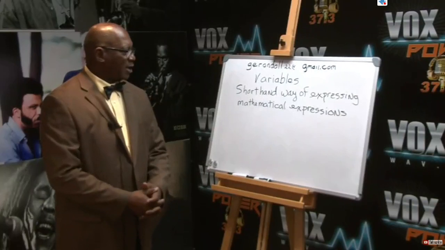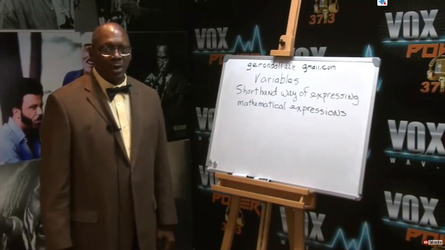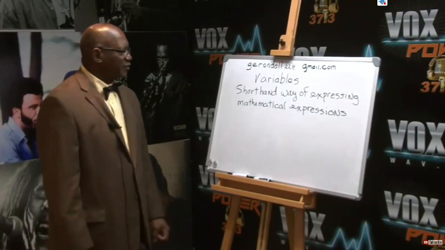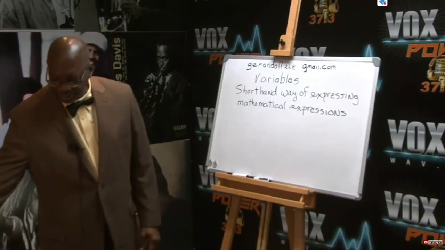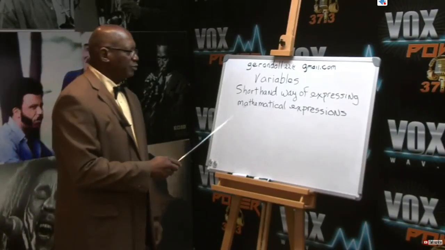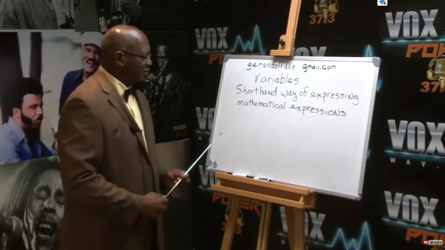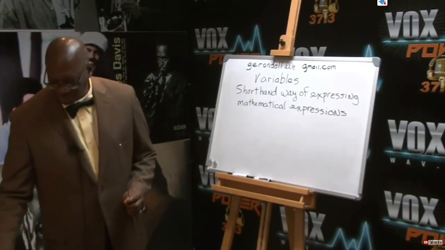Hello again, and welcome back to You, Math, and Me. In the second half, we're going to talk about variables. Variables are used as a shorthand way of expressing mathematical expressions.